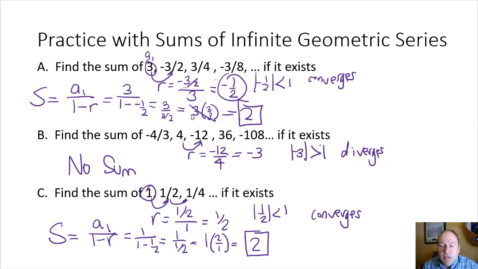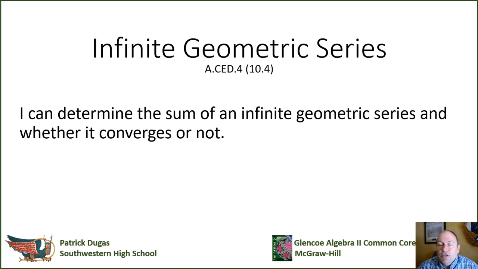This series also converges. Its sum is 2, just like part A. So we've taken an introductory look into geometric series that are infinite, whose terms go on forever, and they either converge or diverge depending on their common ratio, and we found their sums as well.